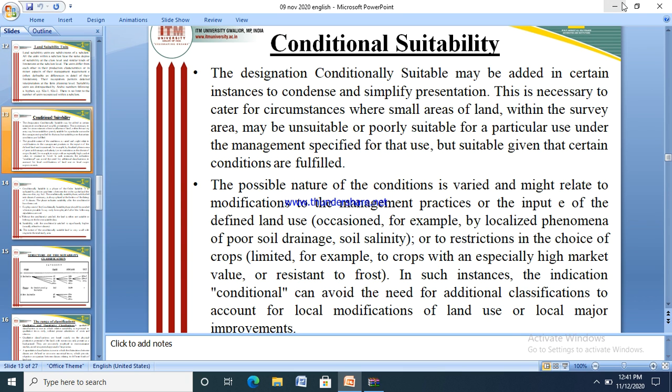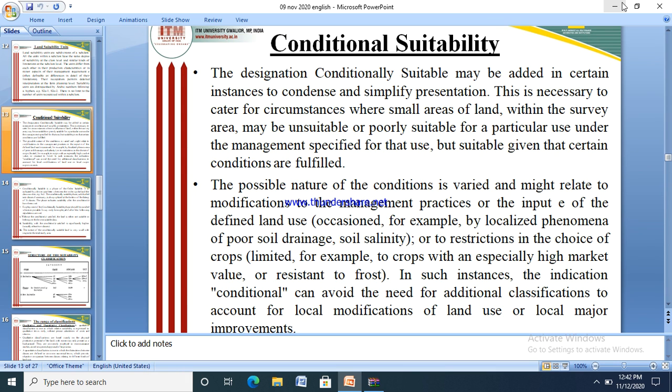Condition of suitability. The designation conditional suitability may be added in certain instances to condense and simplify presentation. This is necessary to cater for circumstances where small areas of land within the survey area may be unsuitable or not fully suitable for a particular use under the management specified for that use, but suitable if certain conditions are fulfilled.